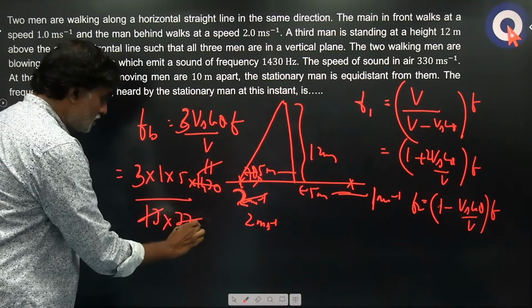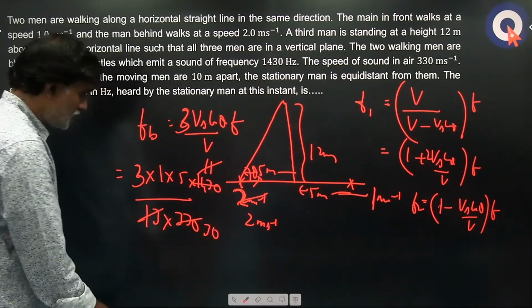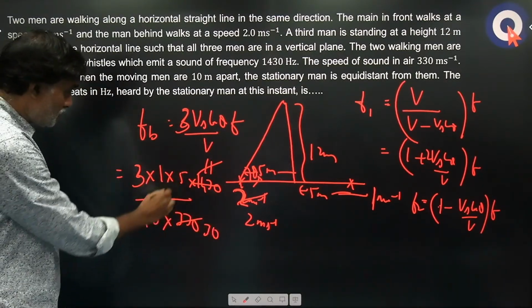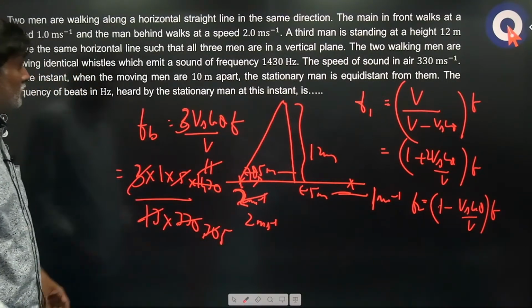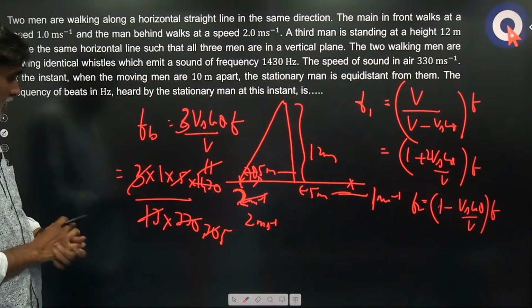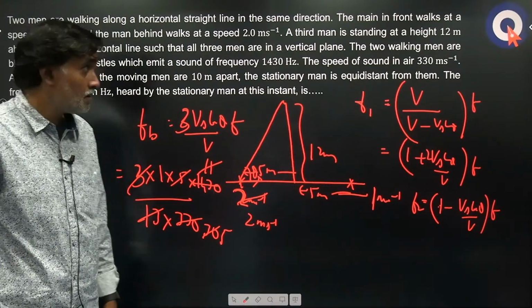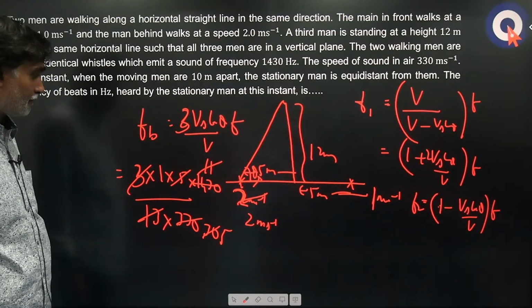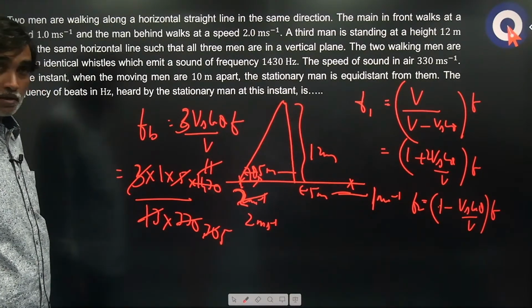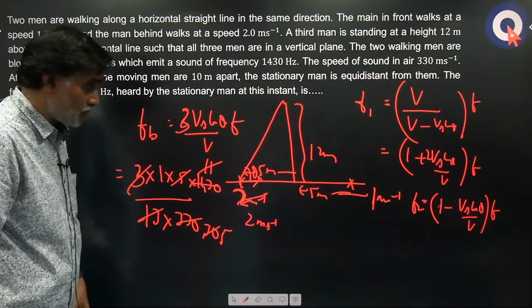And this is 30. And this is 6 anyhow. So 5. So 0.2 I'll get, I think. Okay, calculations you can see. 0.2 hertz. Okay, that is the beat frequency, 1 by 5. I think you have followed.